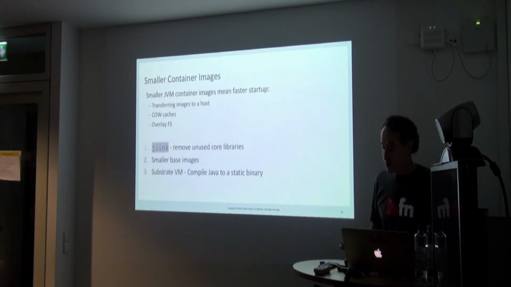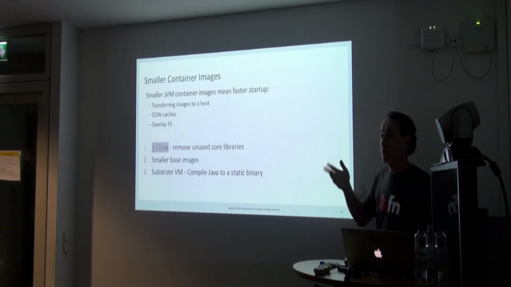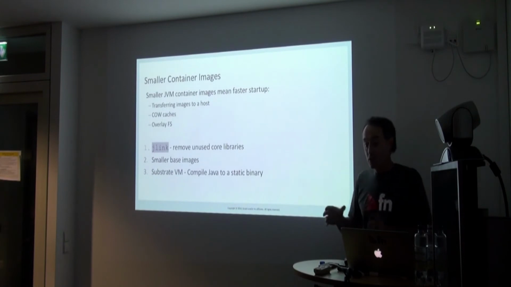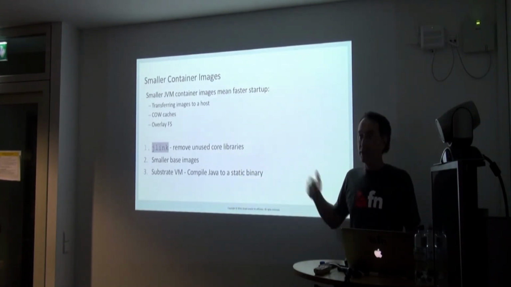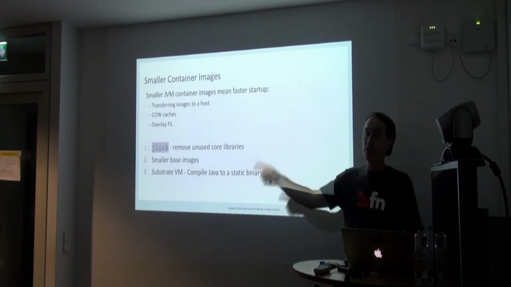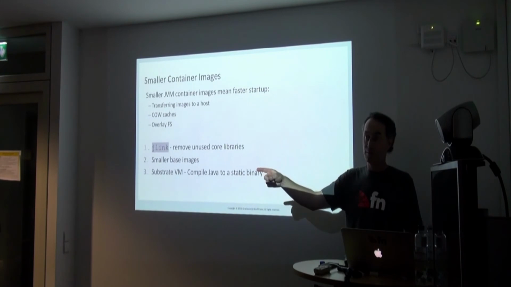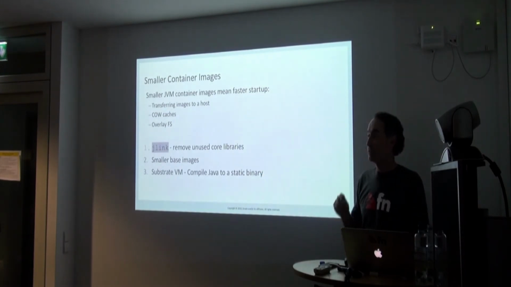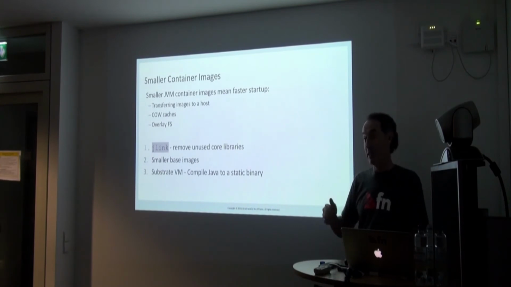Okay. Before I get started, let's talk about the image size thing. Why do I want small images? Imagine I've got hundreds of nodes and someone invokes a function and I say, okay, node 27, you need to run this function. It has to get the function container image over there. That's the first problem. If that image is 27 meg, it's going to go over there at a certain speed. If it's 400 meg, it's going to take more.